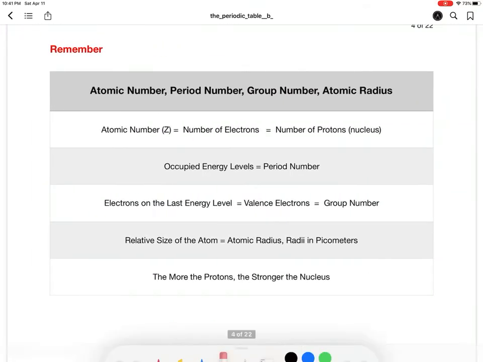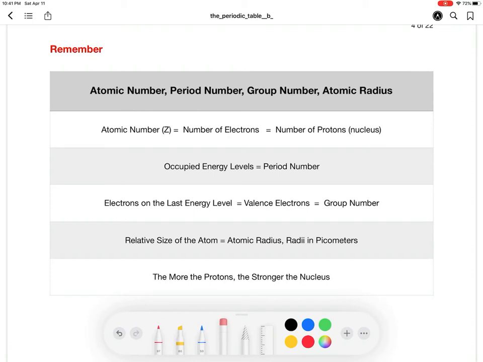Okay, this table here, I want you to remember what's in here exactly. So you read it, you try to remember it, and you need to know that the atomic number is the number of electrons, which is the same as the number of protons, and the period number is the number of energy levels.